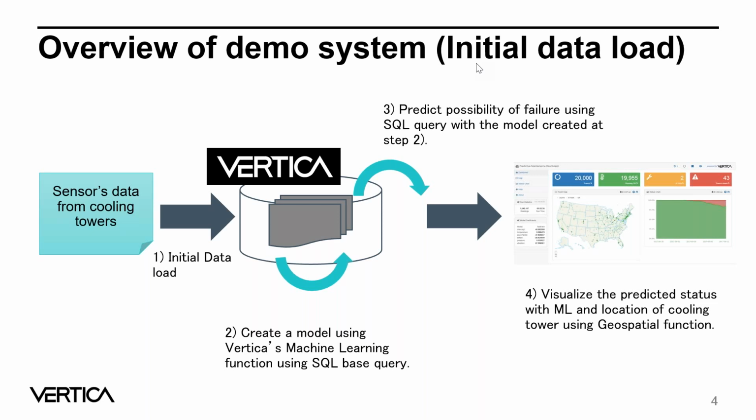The third step, once you find the machine learning model, you can apply that model to predict values. In this case, the predictive model is applied to find the possibility of failure. Later I will show you the query to find the equipment that is going to fail.